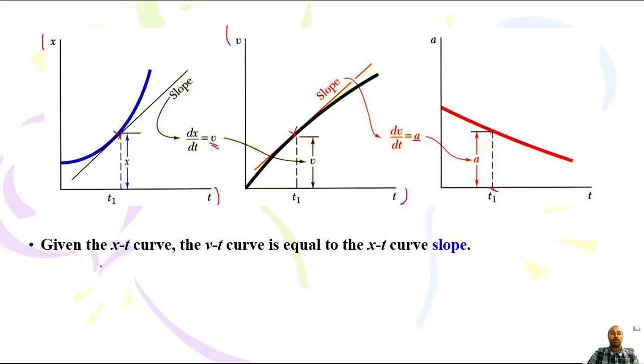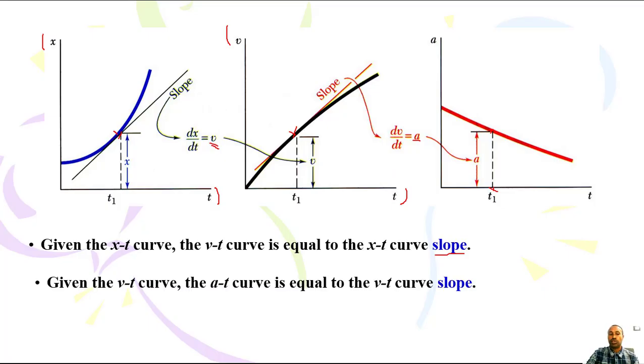So given the x-t curve, the velocity-time curve is equal to the slope of the x-t curve. And given the velocity-time curve, the acceleration-time curve is equal to the slope of the velocity-time curve. So vice versa, you have these equations and this curve interpretation.